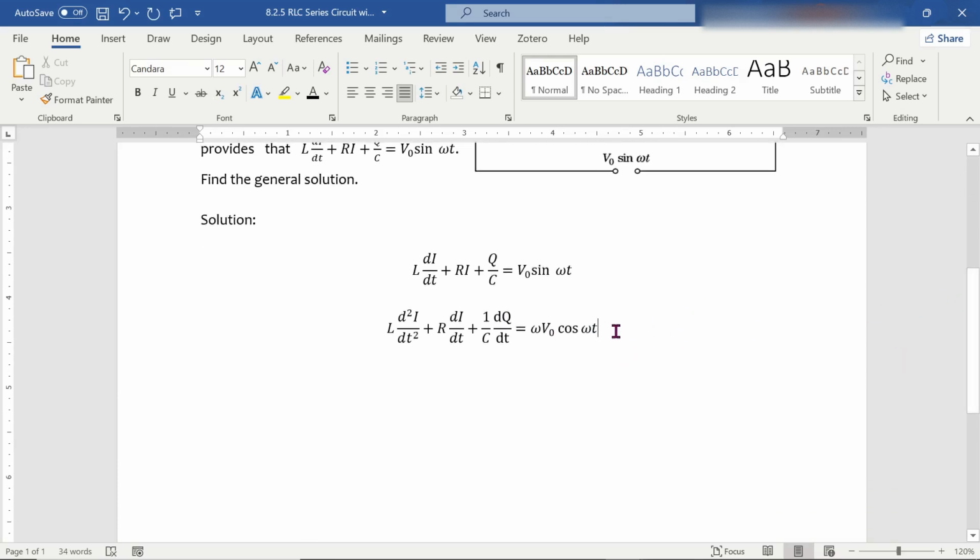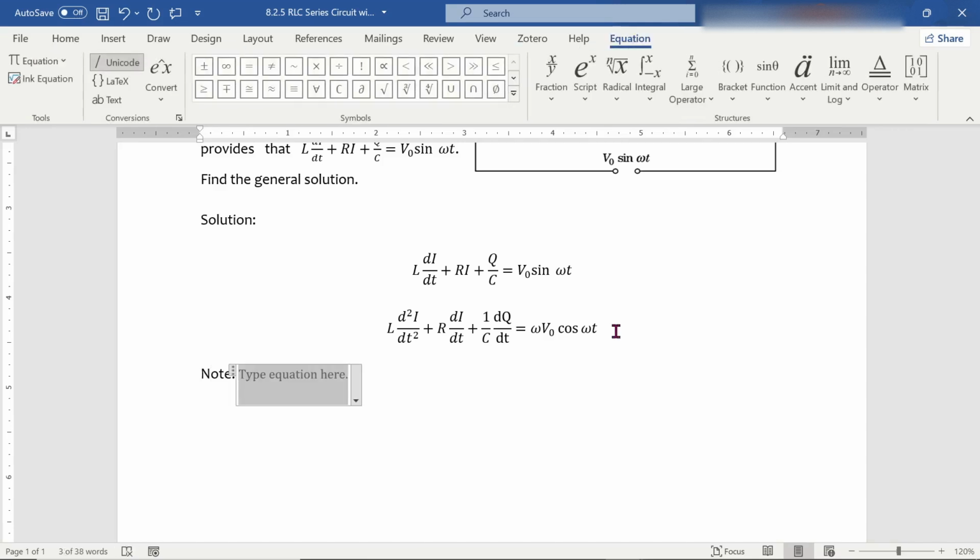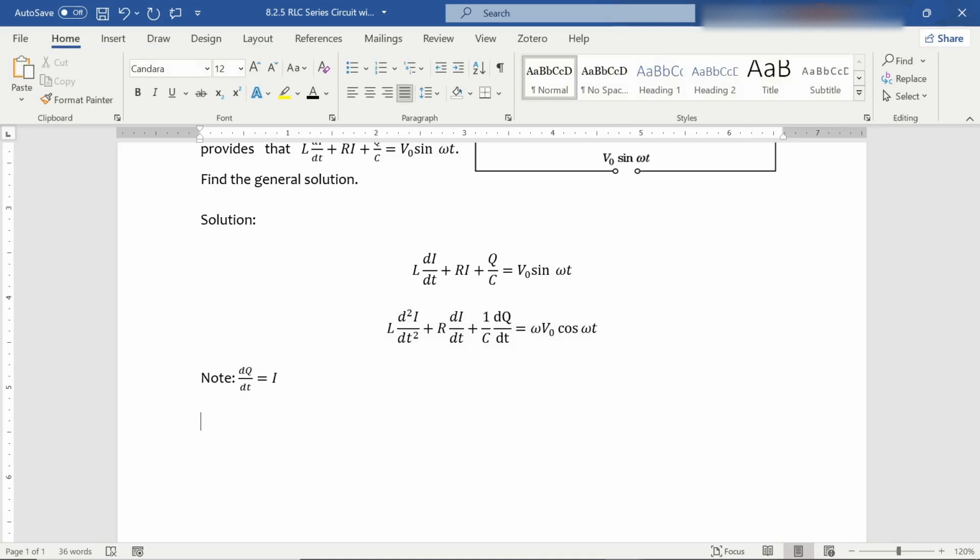But we have to take note, we can actually rewrite this equation such that dq over dt is actually I. The current is just the rate of change of, or just the moving charges, so that this one, 1 over C dq over dt, becomes I over C.